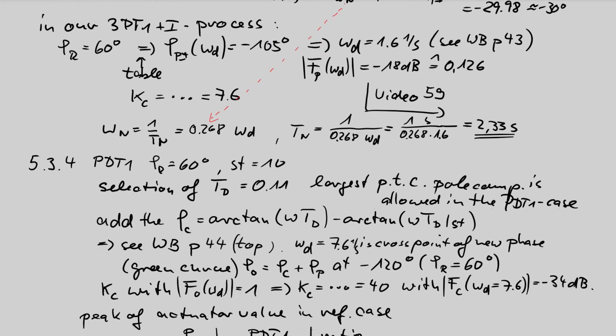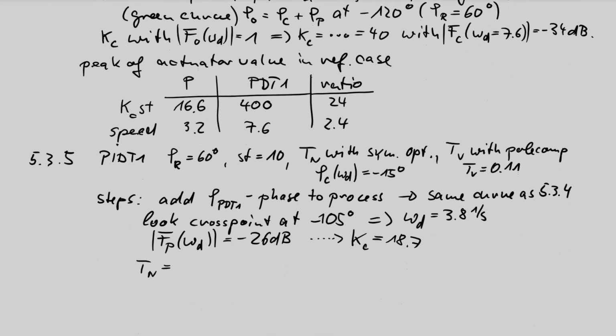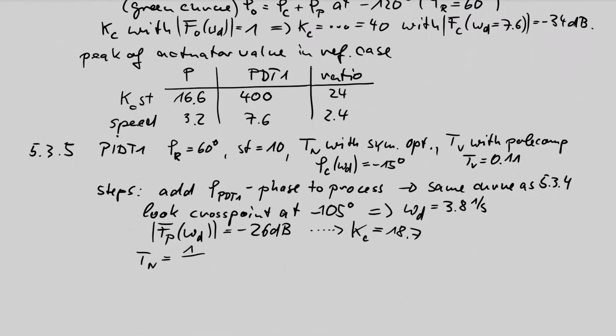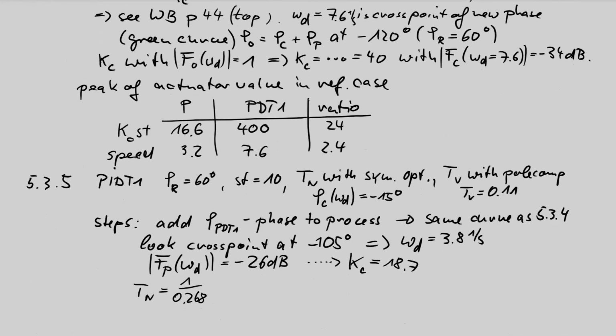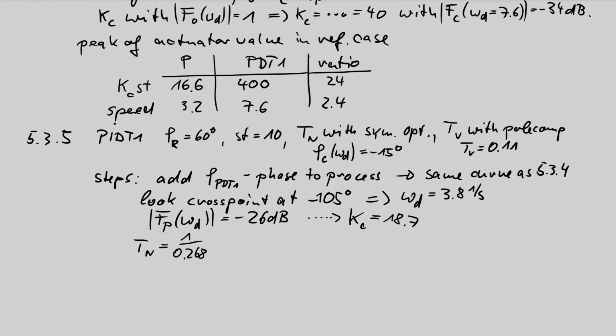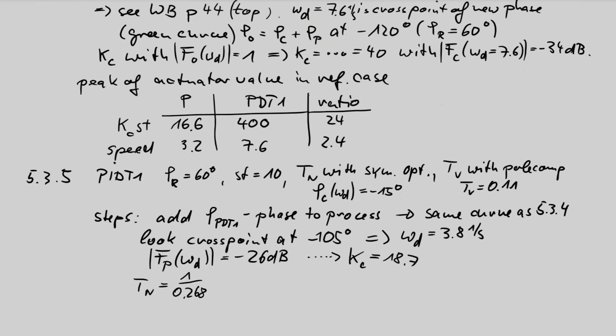Here Tn is 1 divided by 0.268, the factor out of the table relating to the phase margin of 60 degree. Now, this differs if we change this, and multiplied with the Tn divided by the omega d value.